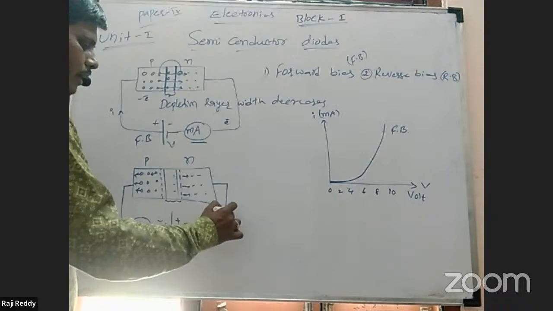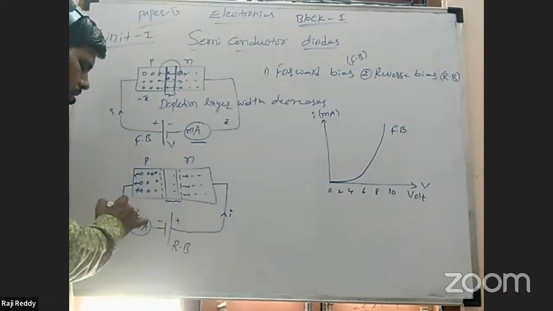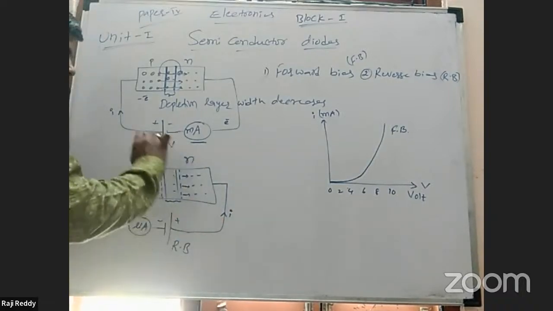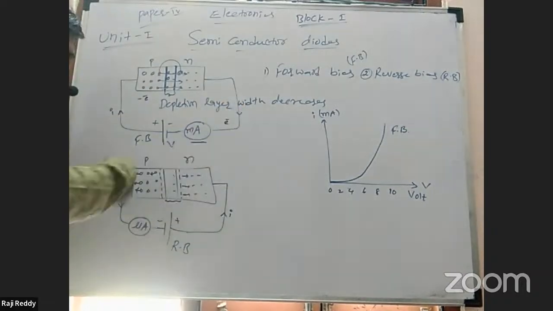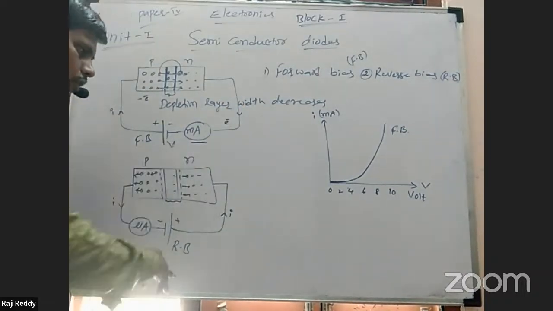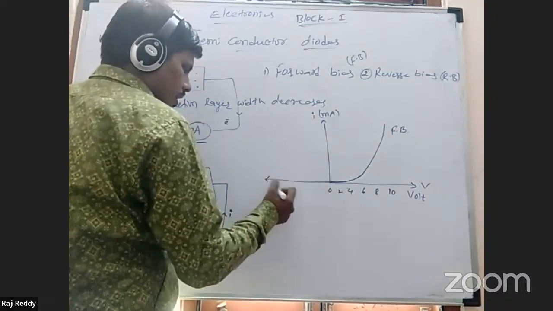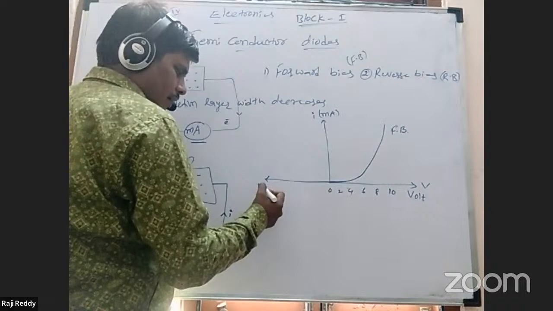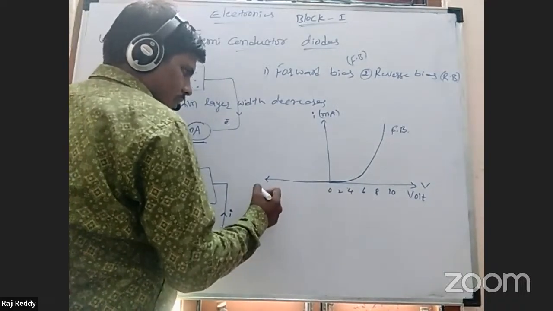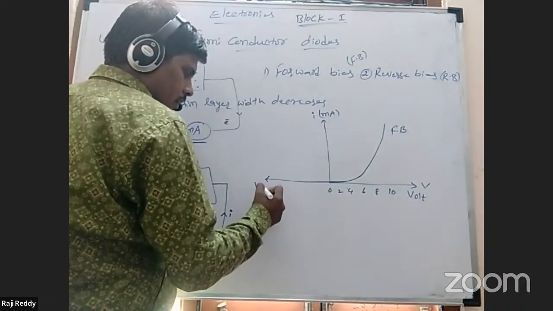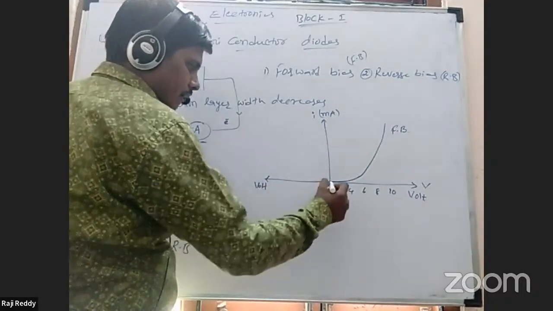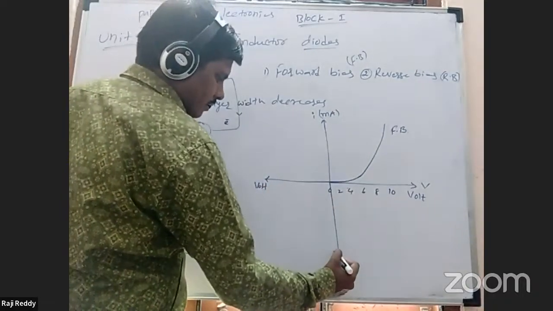Again, current flows from the battery positive terminal to the negative terminal in reverse bias. So that is forward bias and reverse bias. Again, we take the VI characteristic graph. Taking reverse bias, negative voltage is applied: -2, -4, -6. That value I take in volts on the x-axis, and current on the negative y-axis.